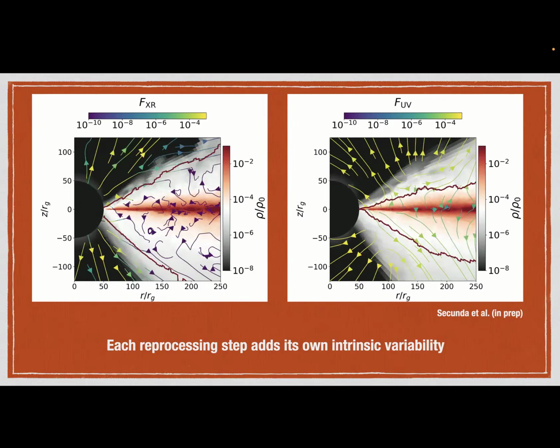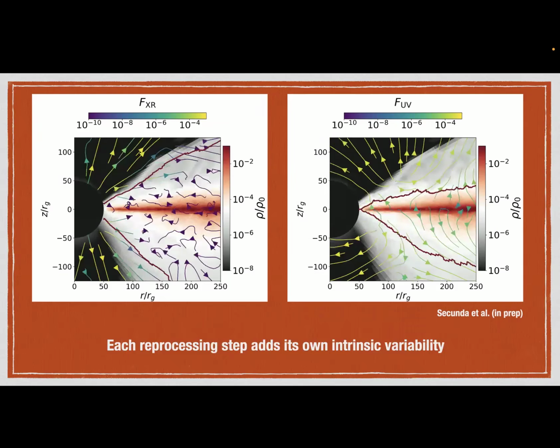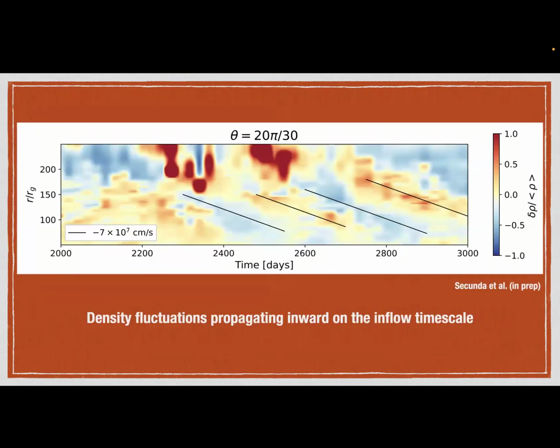So, as I was supposed to talk about today, it has this lag that is produced because these fluctuations are propagating, and this can be a confounding signal. And I should say, in our simulations, we can actually see these fluctuations that are impacting the emitted light curves, and we can actually see them being propagated through the disk.